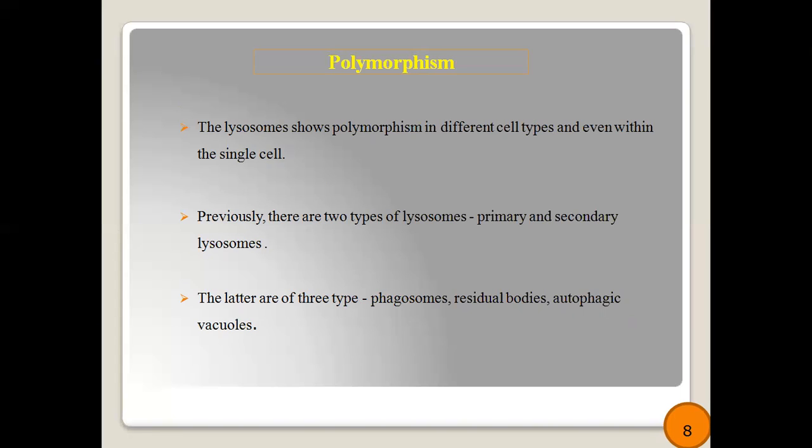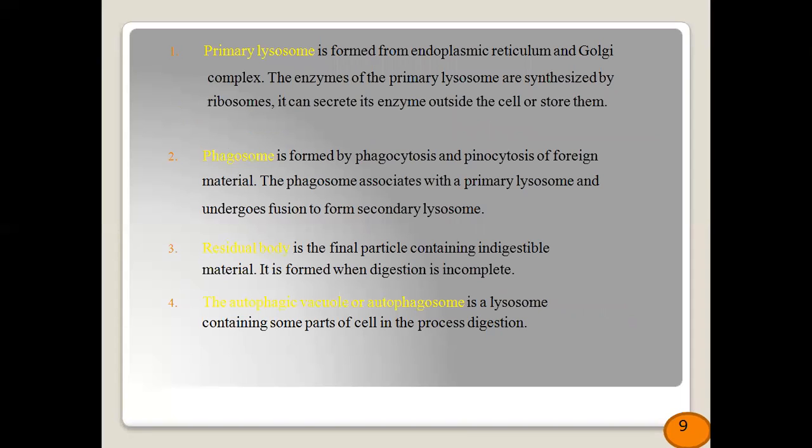The latter are of three types: phagosomes, residual bodies, and autophagic vacuoles. The primary lysosome is formed from the endoplasmic reticulum and Golgi complex. The enzymes of the primary lysosomes are synthesized by the ribosomes.